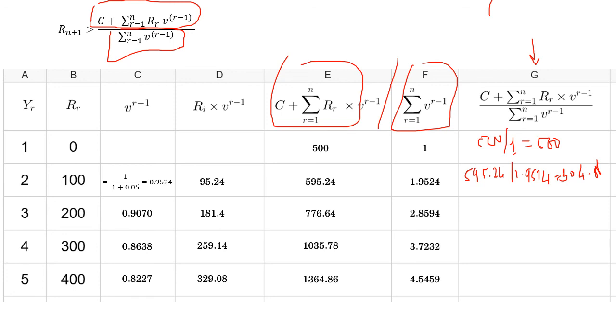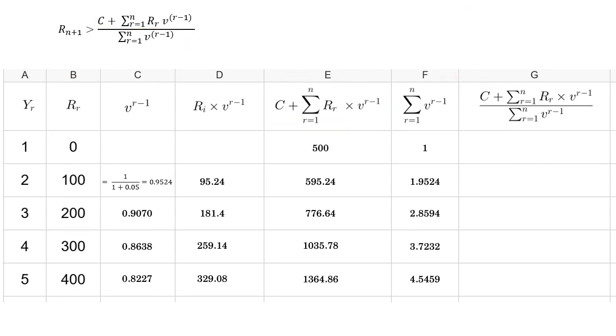As we are ready with the right hand side, now we can compare it with the left hand side, which is column B. Here is the clean version. This is 500, and as this is for r equals 1, we compare it with Rn plus 1, R2, which is here in column B, 100.